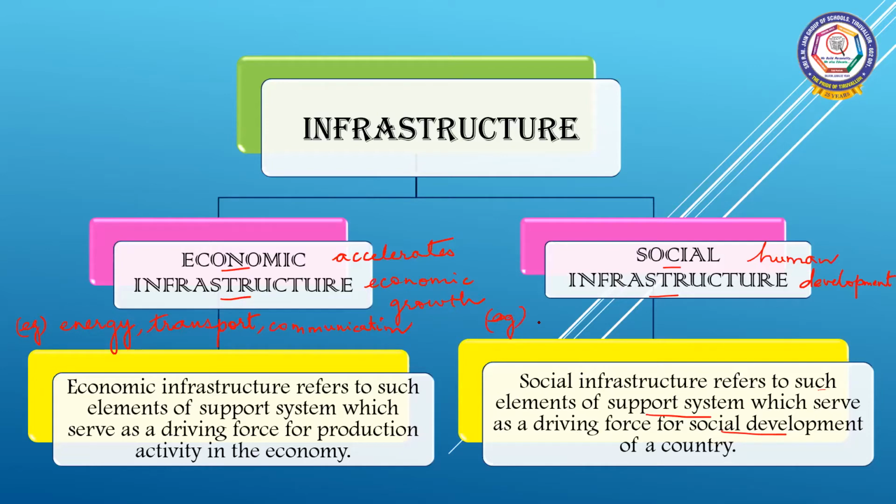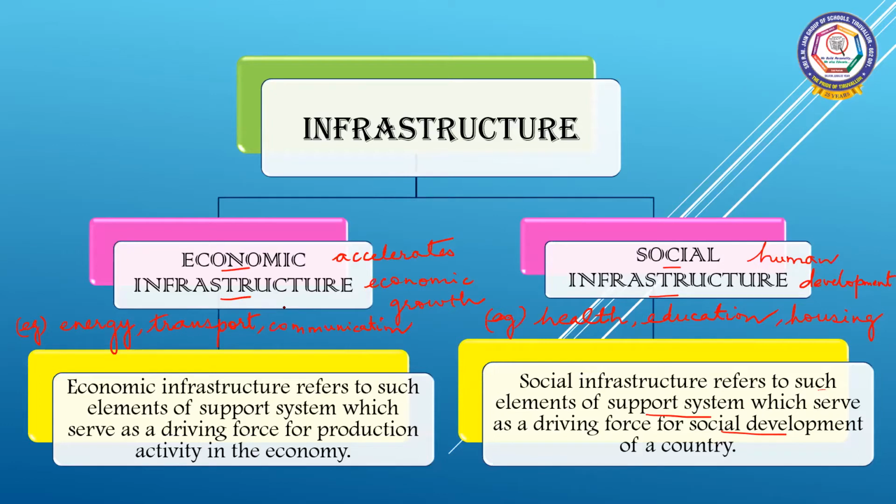A few examples of social infrastructure are health, education, housing, all the basic facilities which would help a human being. This indirectly supports the economic system, whereas economic infrastructure directly helps economic growth.